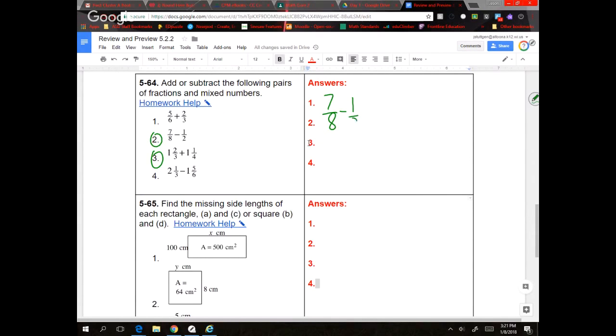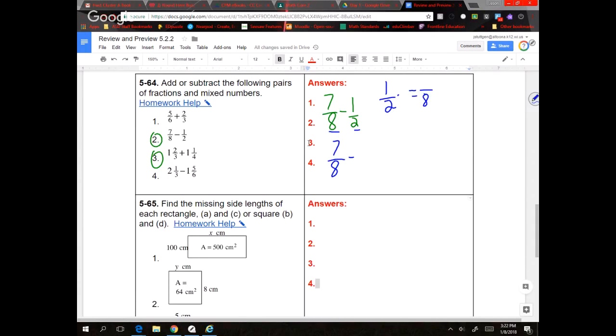7/8 minus 1/2. As you remember, the whole key with adding and subtracting fractions is that you get a common denominator. You must have a common denominator. If not, you cannot add and subtract. So in this case, I should be thinking, what's a number that 2 and 8 both go into? And I know that 2 goes into 8 evenly. So I'm going to keep the 7/8 the same, and 1/2, I want that to be out of 8.